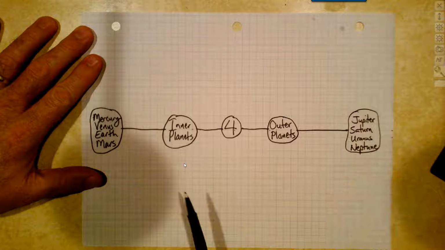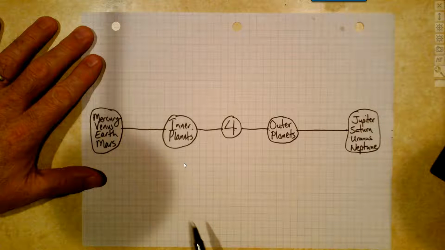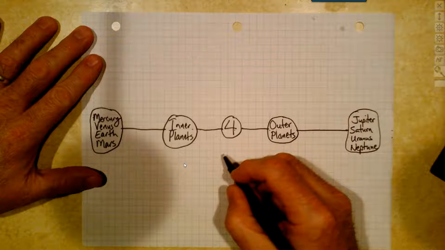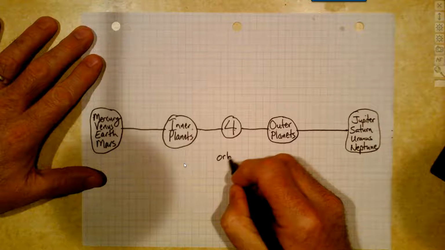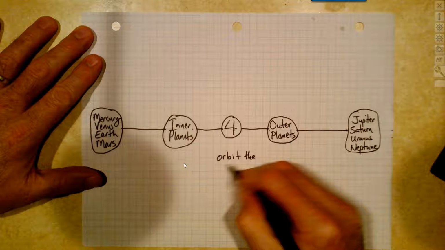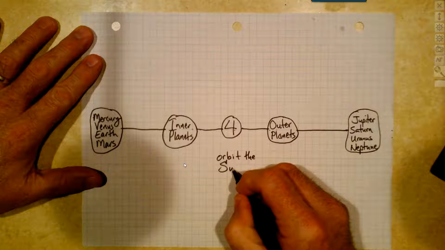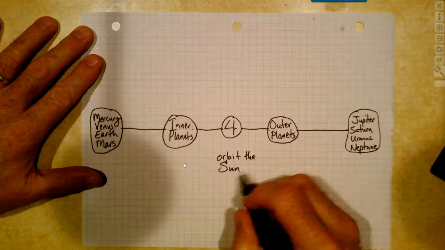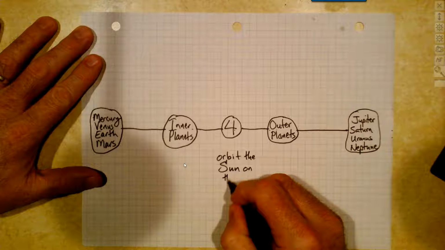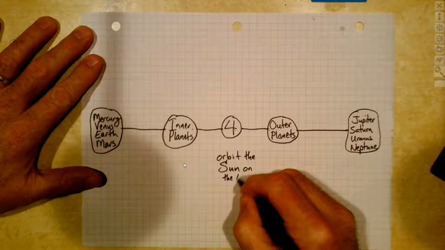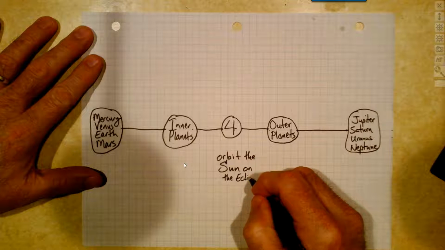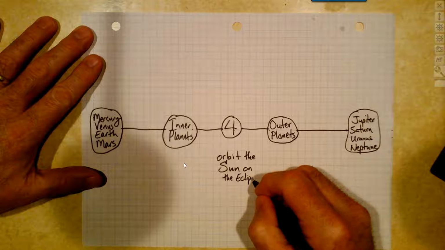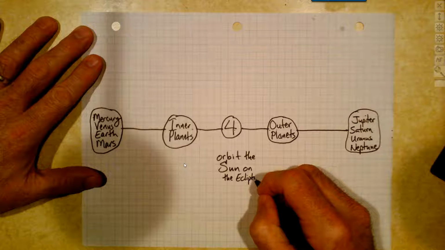Okay. So now another similarity. Let's see. They orbit the sun. Let's add on the ecliptic plane.